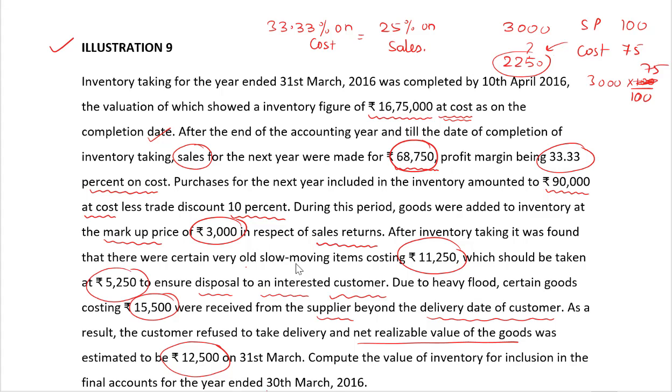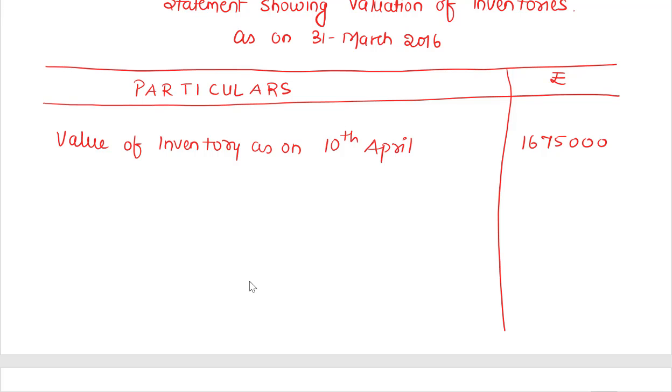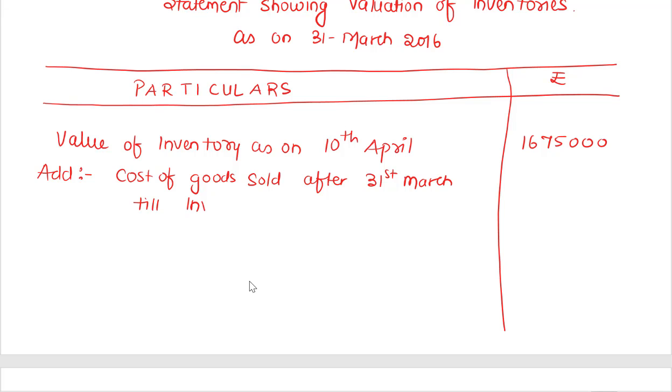We need to add the cost of it. So we'll be adding and deducting the 25% on sales, that is 33.33% on cost. So just write over here, add cost of goods sold after 31st March till inventory taking date.